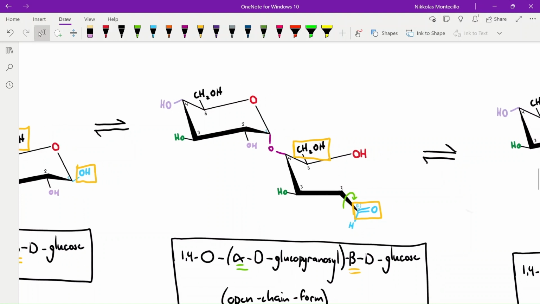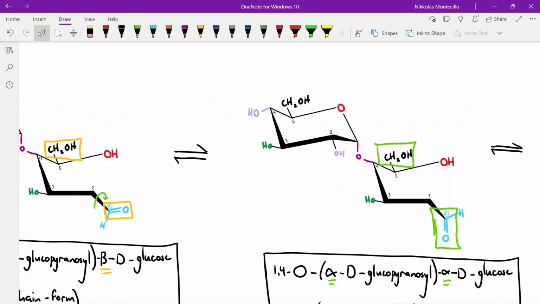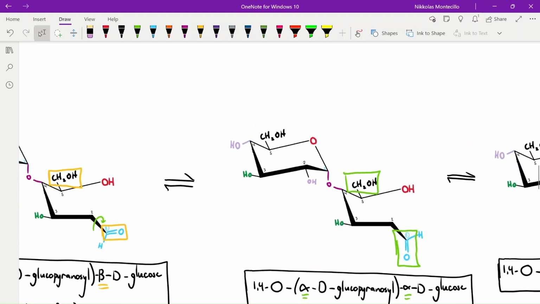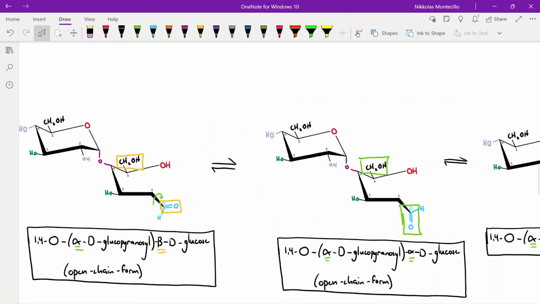When it rotates, we can see that what forms is a change in the configuration.